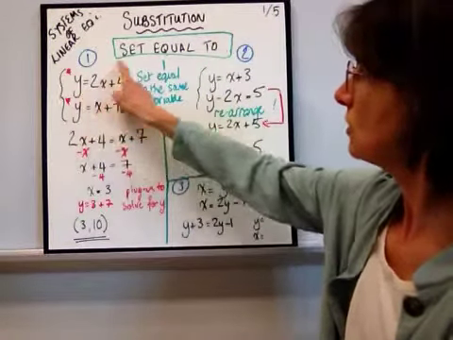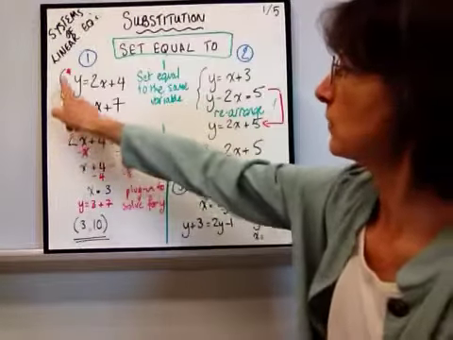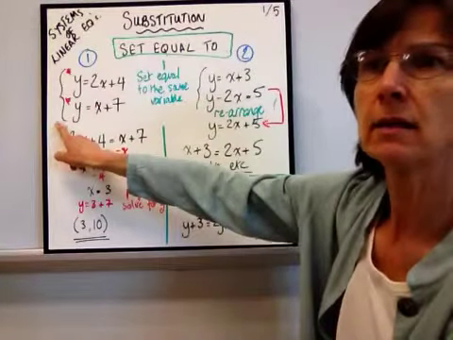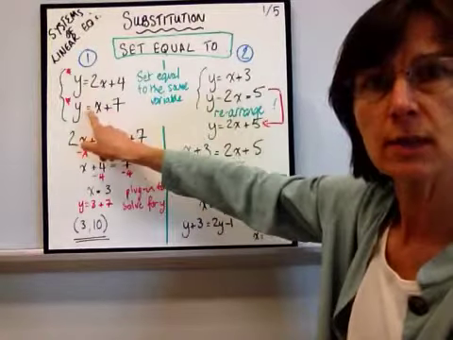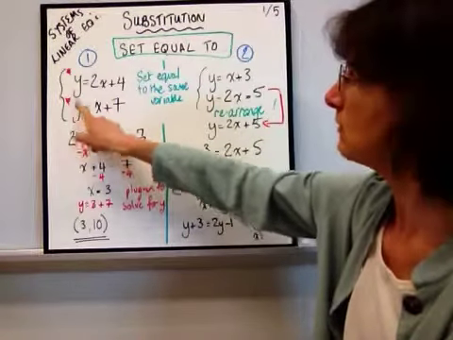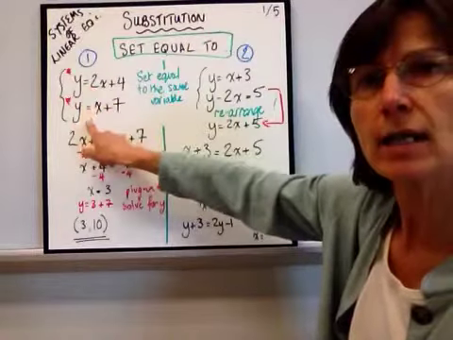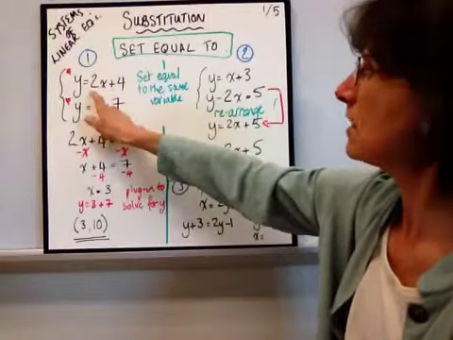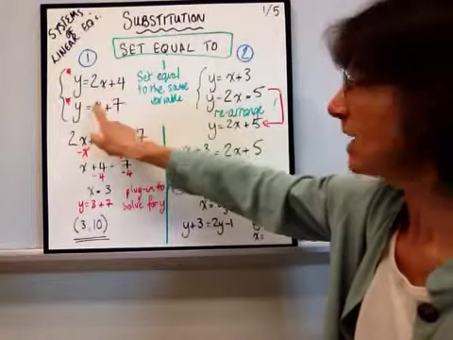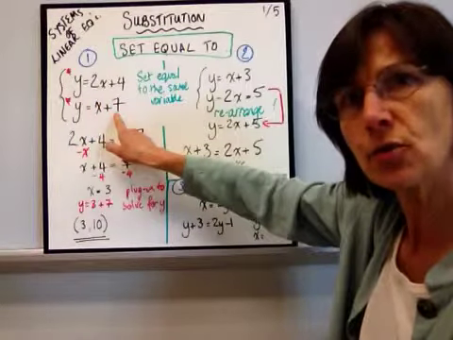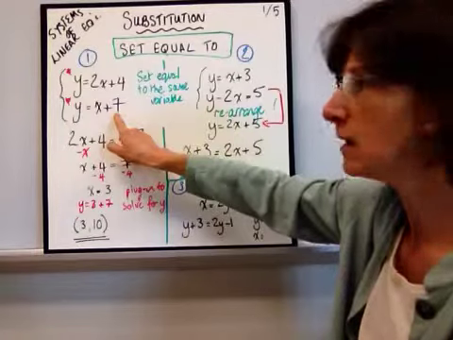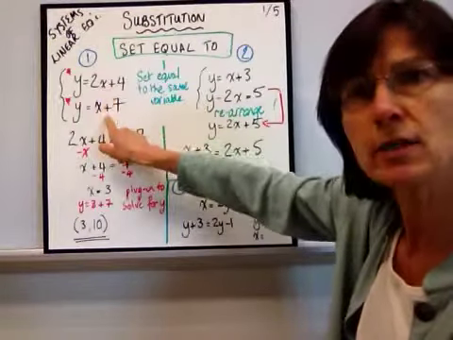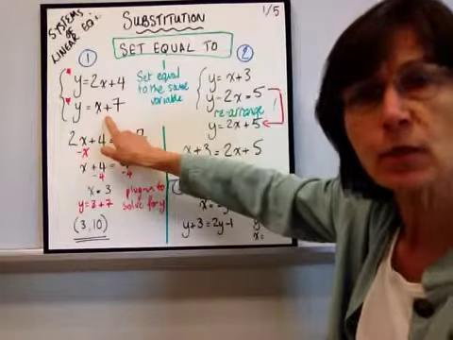We've got a system. We know it's a system because I have this little symbol here. And you notice that both equations are set to y equals something. And that is great, because if both of these equations are set y equal to something, that means that this expression on the right-hand side has to equal this second expression on the right-hand side, because they're both equal to y, so they're both equal to the same thing, so we can set these two expressions equal to each other.